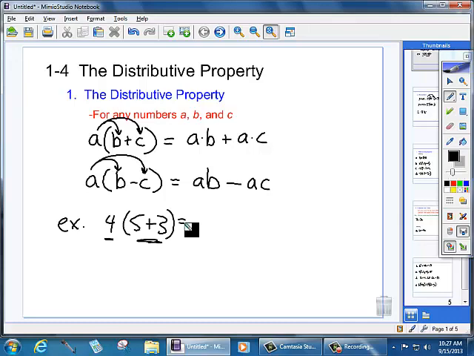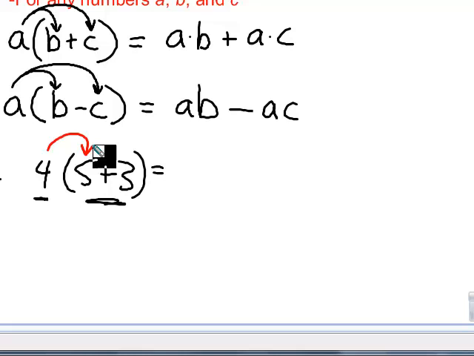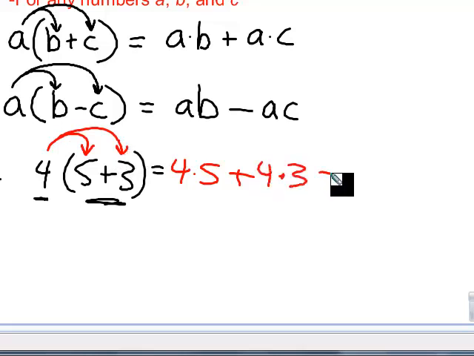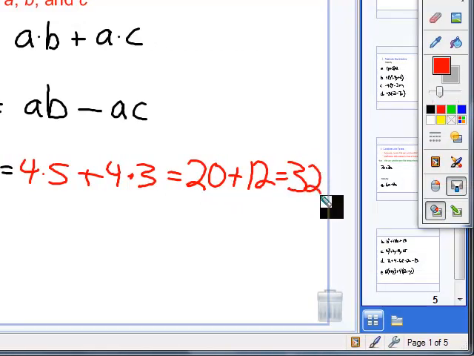So if I take that 4 times the 5 plus the 4 times the 3, I should get 20 plus 12, and we know that's 32.